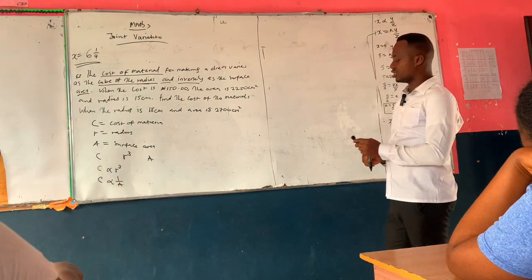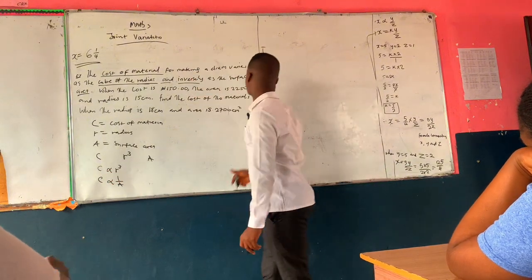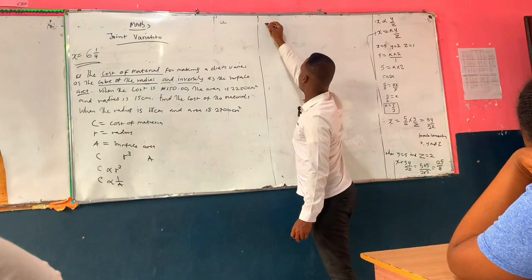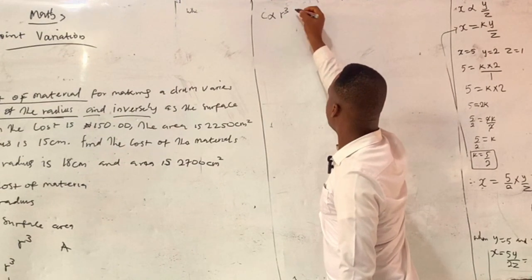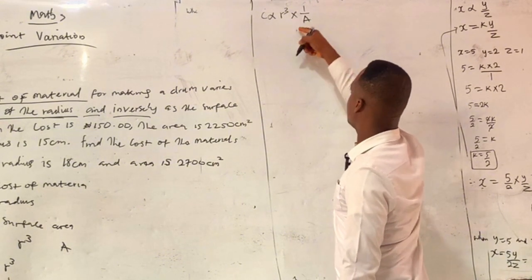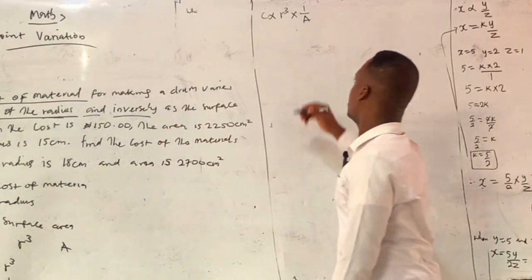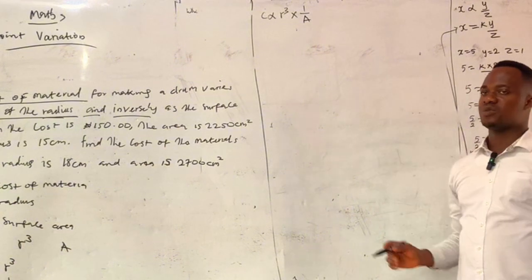Combine these two relationships because it's the same C that is varying as these two other variables. So if we combine them, we're going to have C varying as cube of radius and inversely as surface area. So the next thing is to remove the proportionality symbol and replace with an equality.